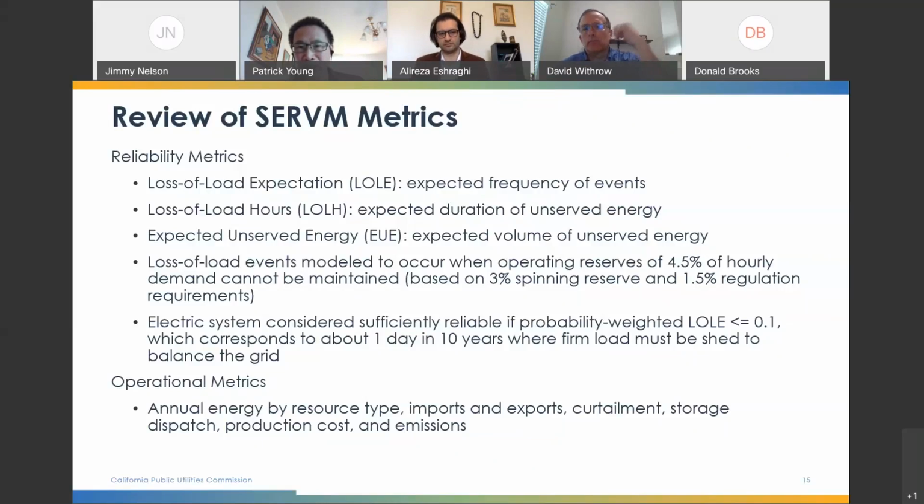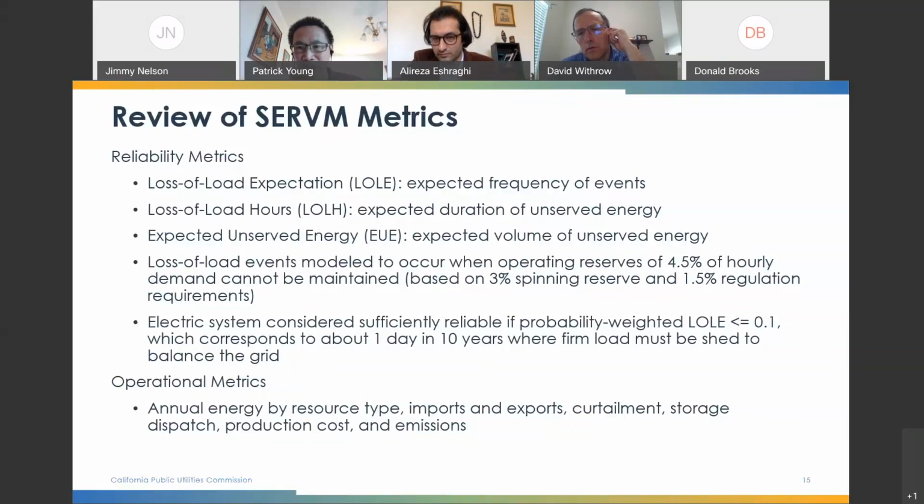And as an outcome of that discussion, we did issue some production cost modeling guidance, and we arrived at this assumption here. And this bullet here that states our model treats the threshold of loss of load events at 4.5%. That was one of the things that was specified back then. So we've just carried forward that definition.